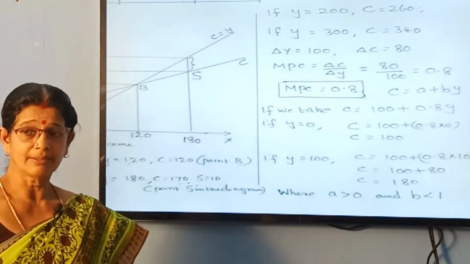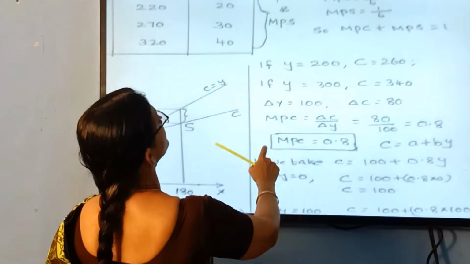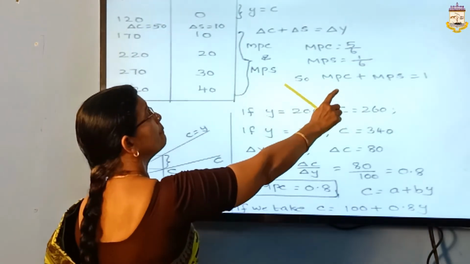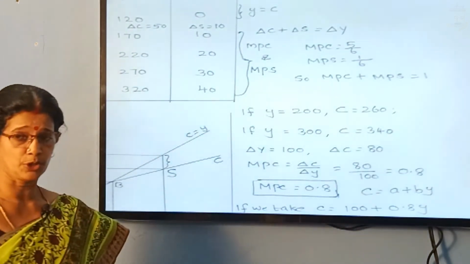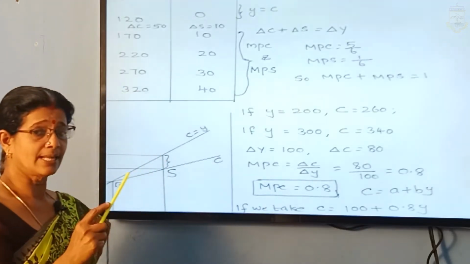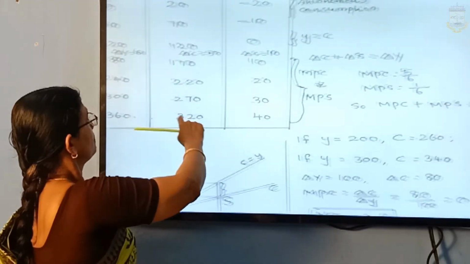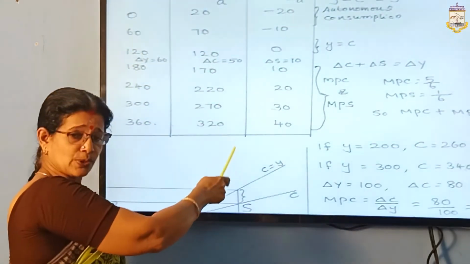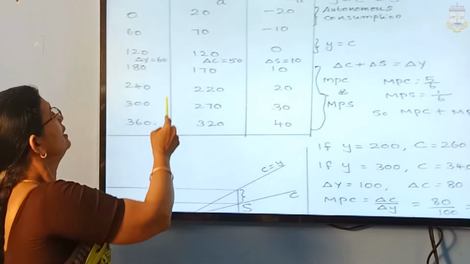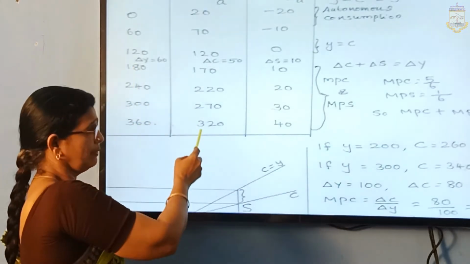But B is less than 1, because that is what we have done here, because MPC plus MPS equals 1. So MPC is always less than 1. Why? Because when income increases, people spend less than a proportionate increase in income: income by 60, consumption only by 50.